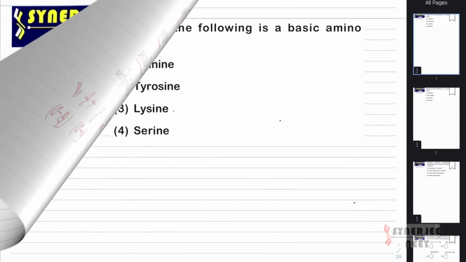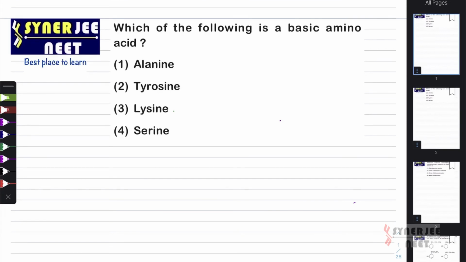Which of the following is a basic amino acid? See, basic amino acid means that the amino acid should have a greater number of NH2 groups. Normally an amino acid has COOH, H, NH2 and some carbon group.